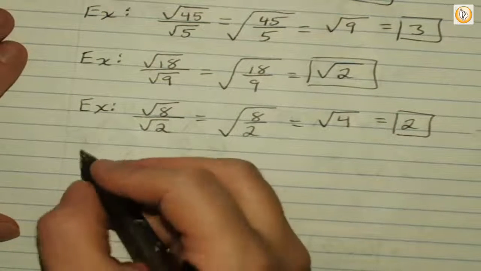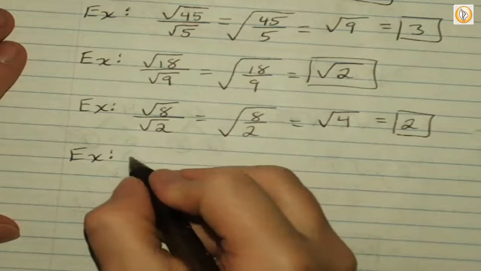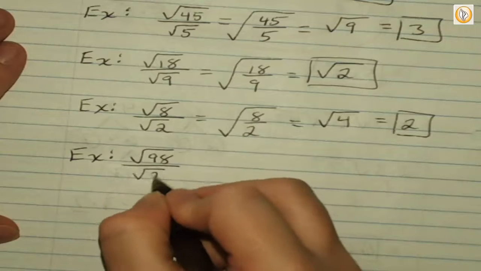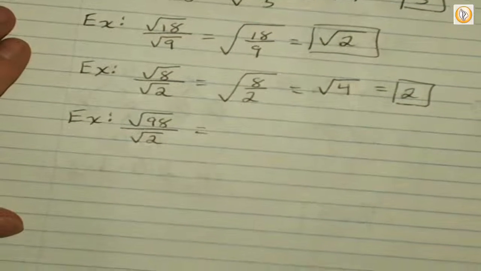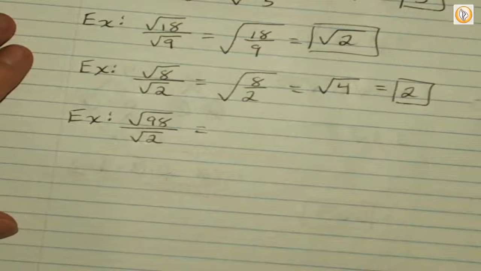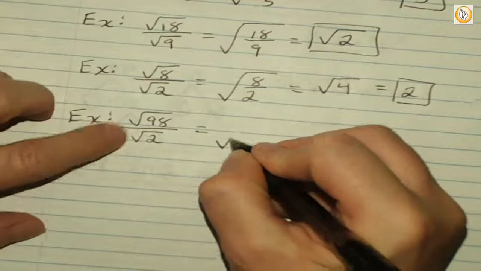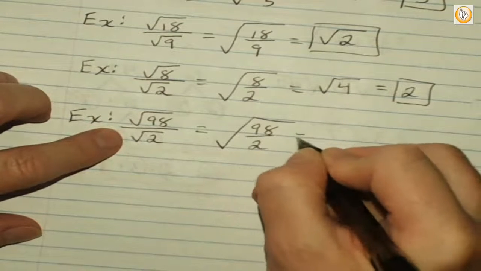I've got 3 more, and then we're done for the day. Square root of 98 divided by the square root of 2. Are either one of these perfect squares? Nope. And 98 can be divided by 2.